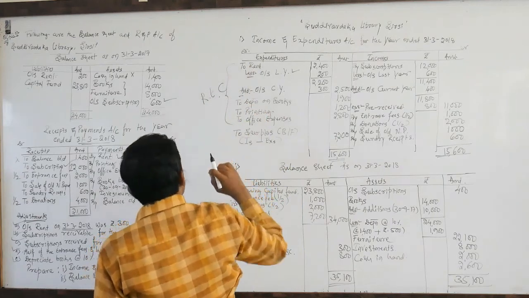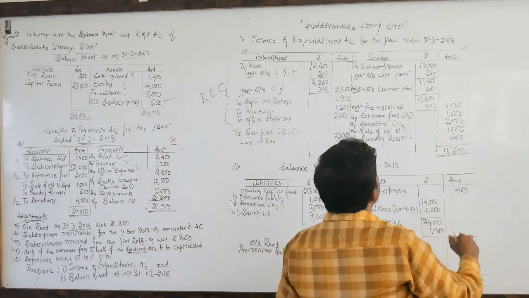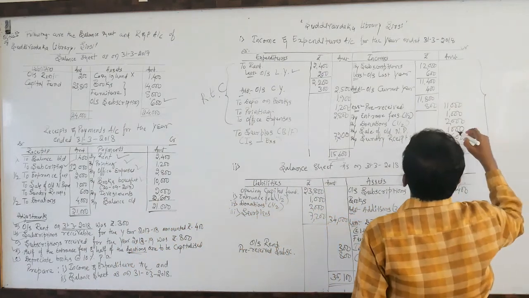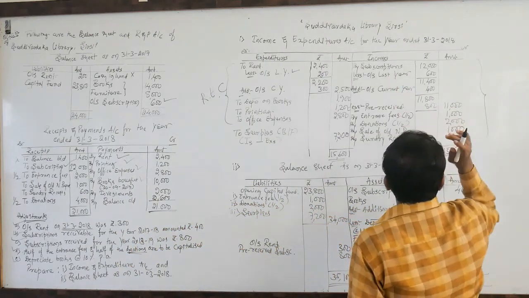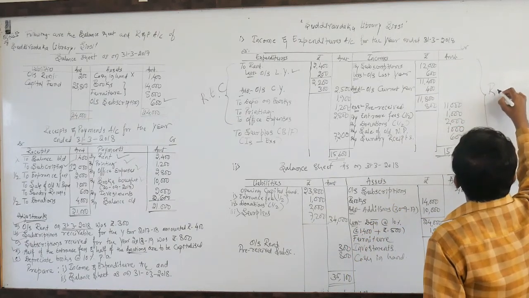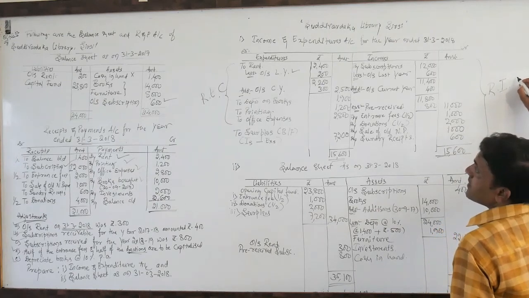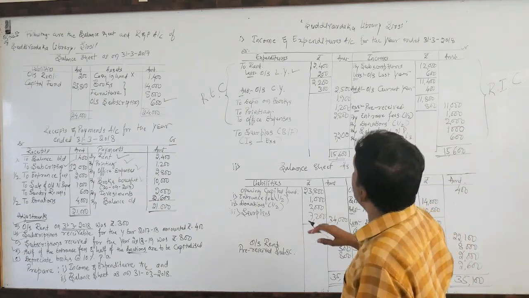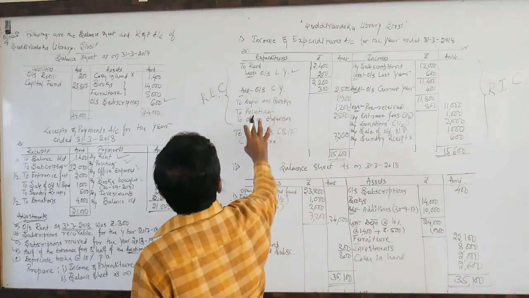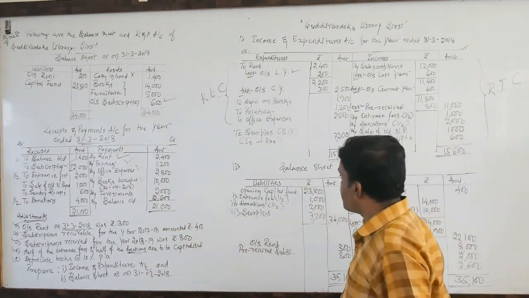On the income side of the income and expenditure account, we include only revenue receipts or revenue incomes of the current year.